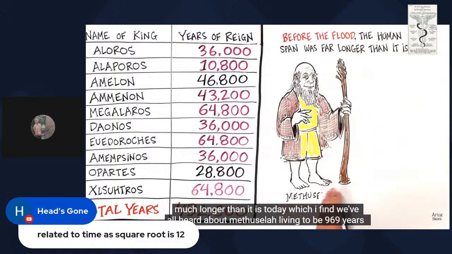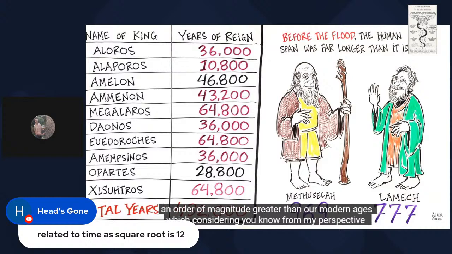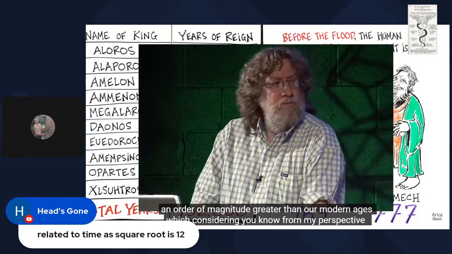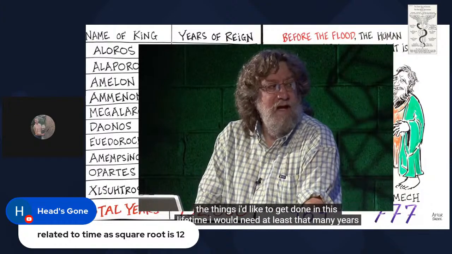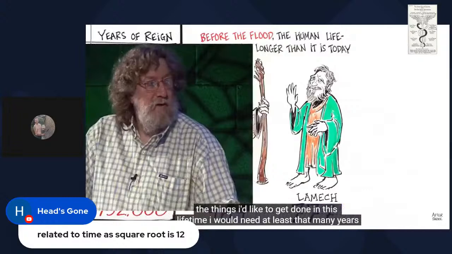We've all heard about Methuselah living to be 969 years, or Lamech being 777. The biblical ages seem to be about an order of magnitude greater than our modern ages. Considering the things I'd like to get done in this lifetime, I would need at least that many years.